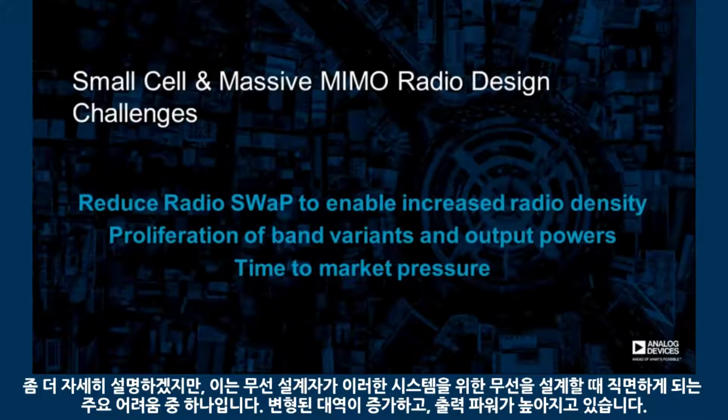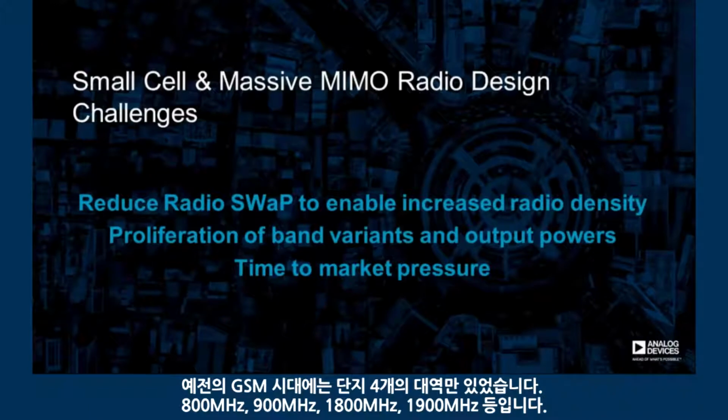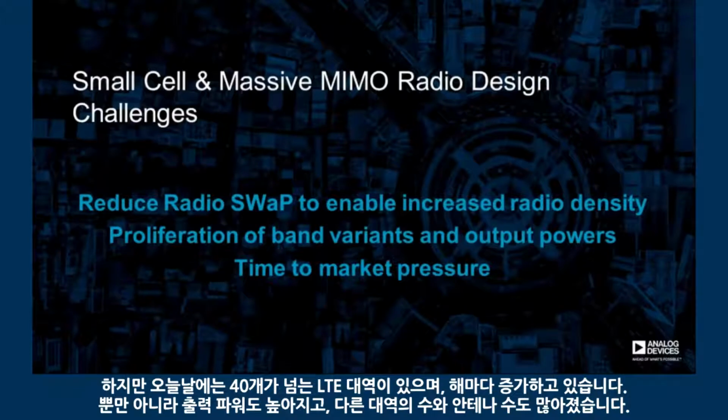The proliferation of band variants and output powers. So it used to be that back in the good old days of GSM, there were just 4 bands. You had 800 megahertz, 900 megahertz, 1800 megahertz, and 1900 megahertz. Now, fast forward to today, you have over 40 LTE bands, and it grows every year.